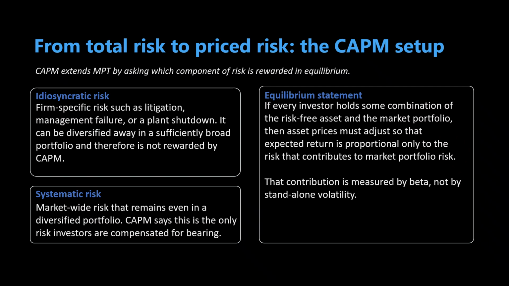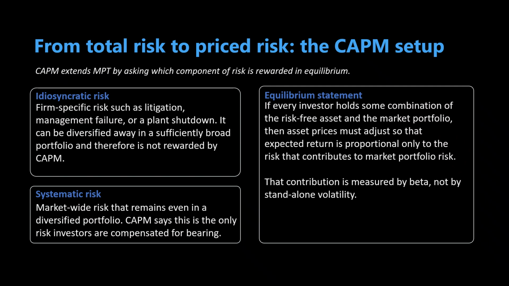The second component is systematic risk, also called market risk or non-diversifiable risk. This is the risk driven by economy-wide factors that affect all assets simultaneously, such as recessions, interest rate movements, inflation shocks, geopolitical crises, and other macroeconomic events.